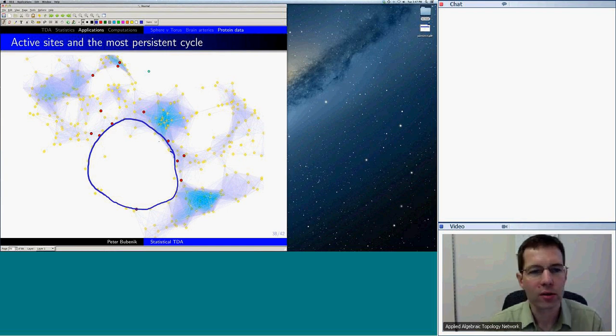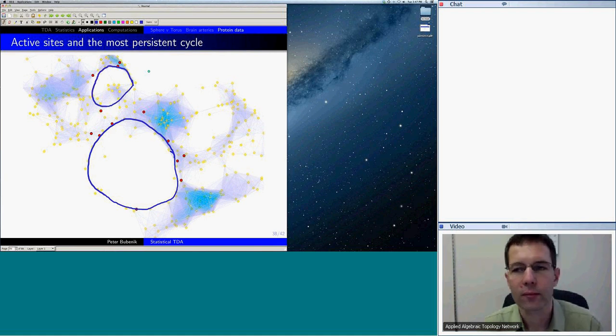And those that are not clustered around that are actually clustered around the second most persistent cycle. So I think this is certainly a hypothesis that is worthy of some further study. Potentially a pretty exciting result from the point of view of finding higher topological features in real data.